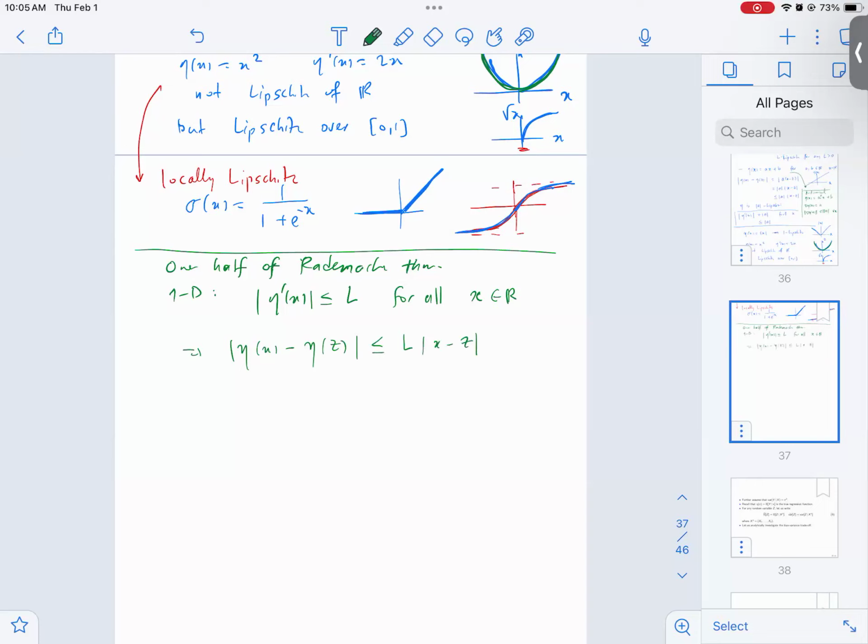Does anyone know an easy way to prove this? It'll be useful for us. Can I write eta of x minus eta of z in terms of the derivative of the function? Anyone remembers the calculus fundamental theorem?